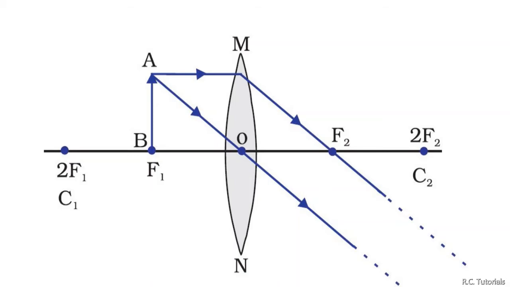This means that the image will form at infinity. The nature of the image will be real and inverted, and the size of the image will be highly enlarged.